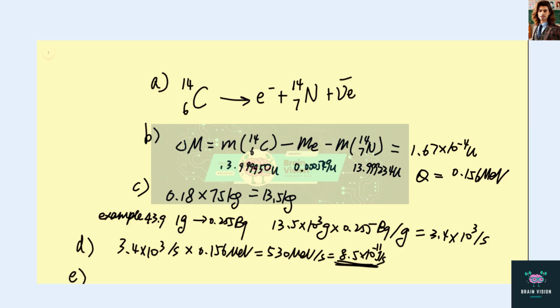So each year we will have this amount of energy times 3.156 times 10 to the seventh seconds in a year. So this is going to give us 2.7 times 10 to the negative 3 joules. This is the amount of energy we absorb in a year.